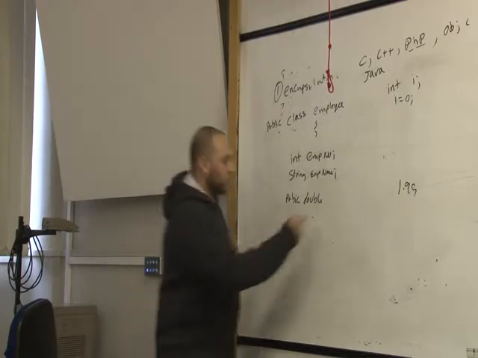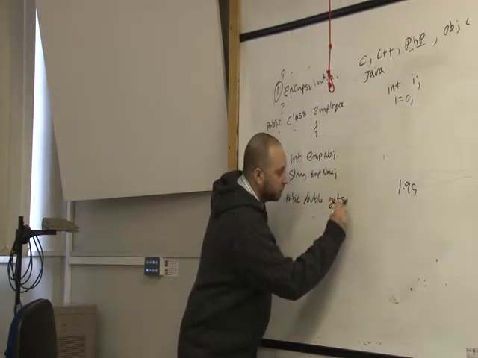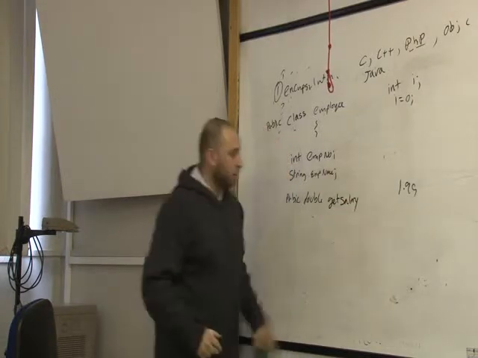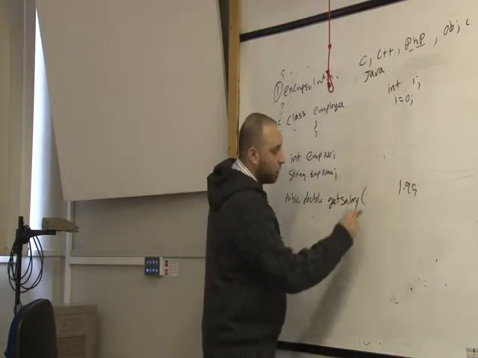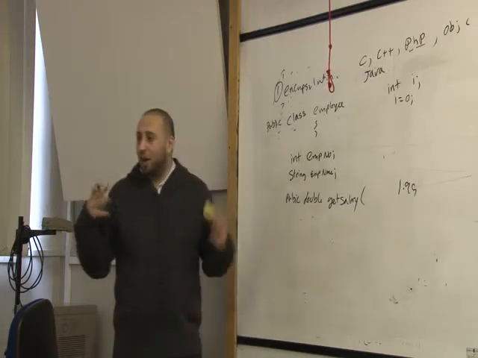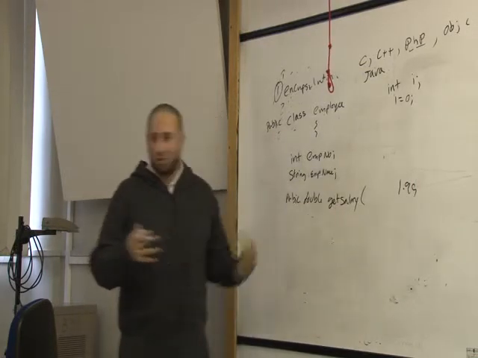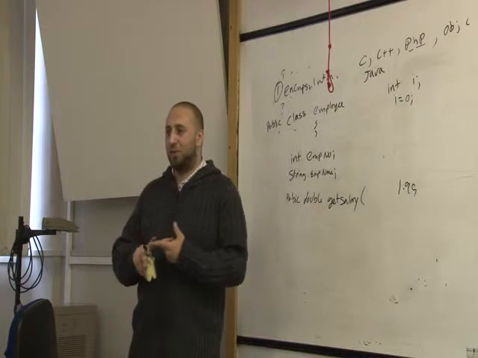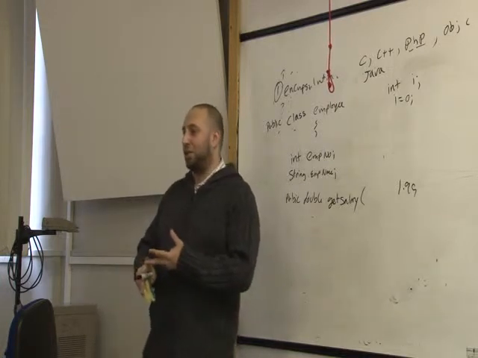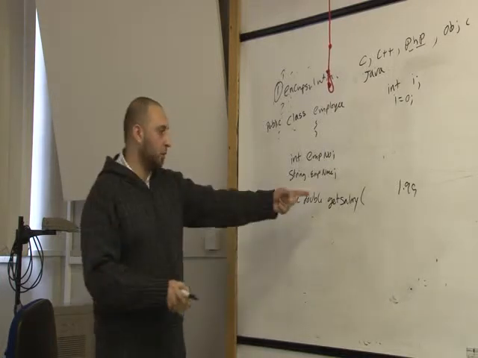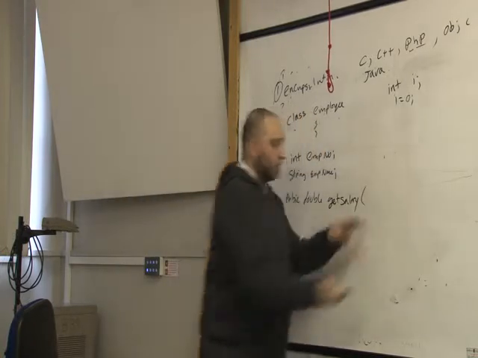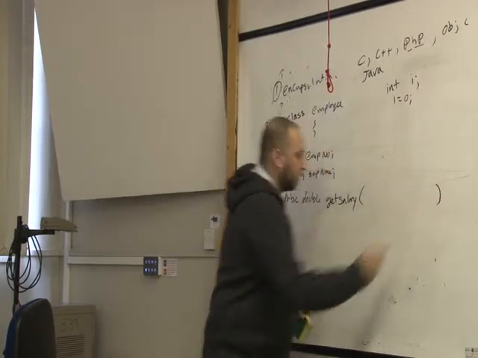So you say public double get salary, and then you put all the arguments, anything that function is going to take. It's going to take two things: hours and how much you earn per hour. So we need to put that in these brackets.